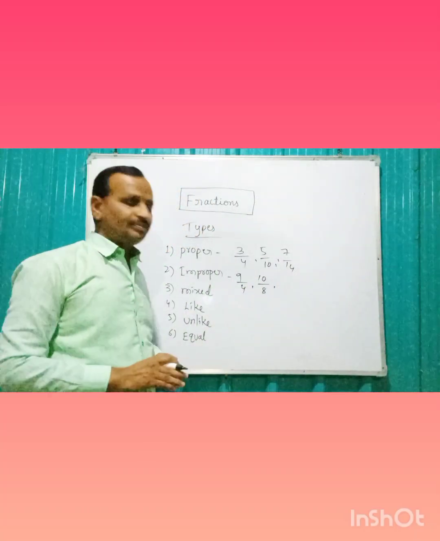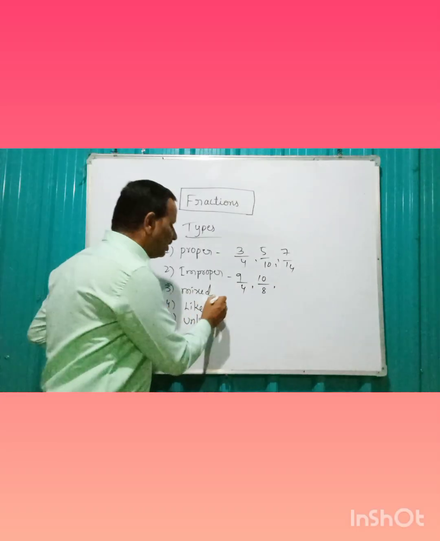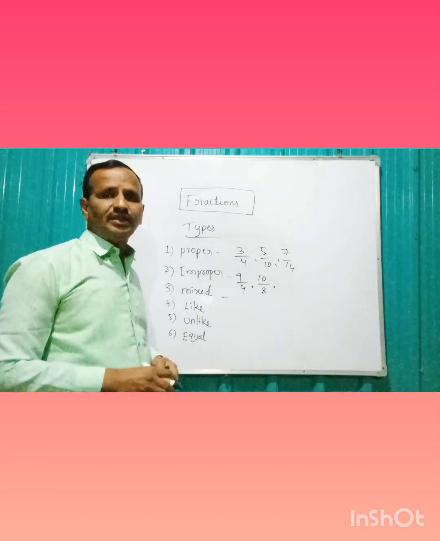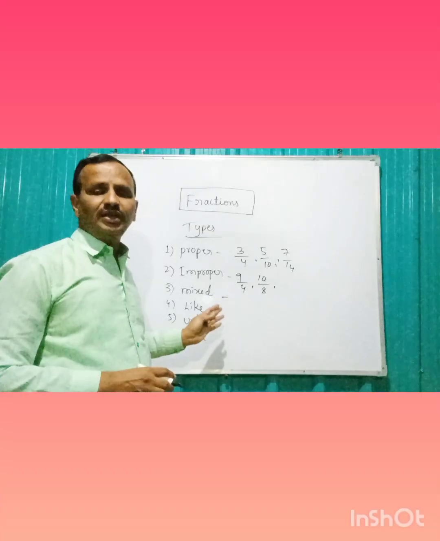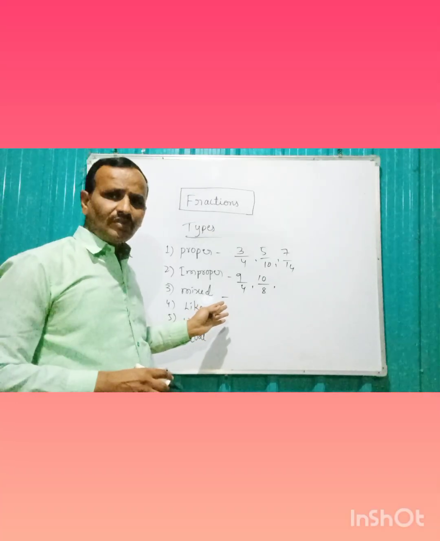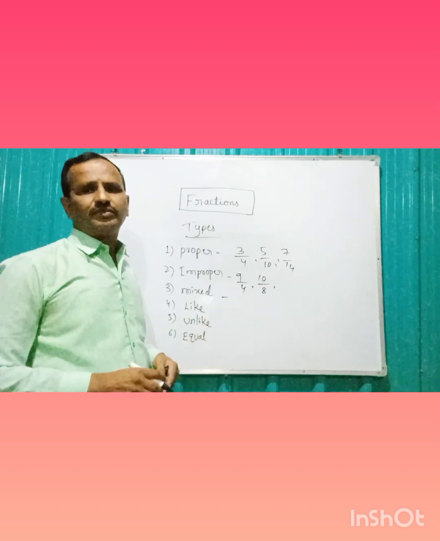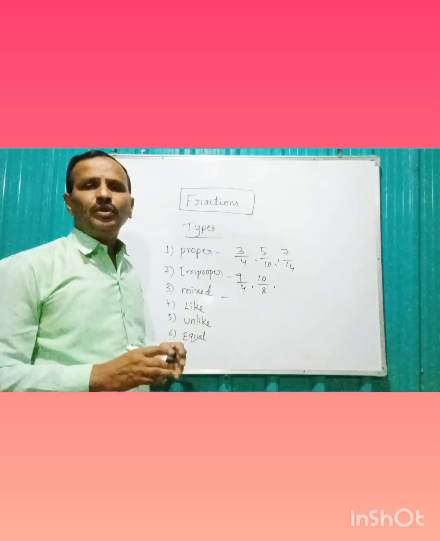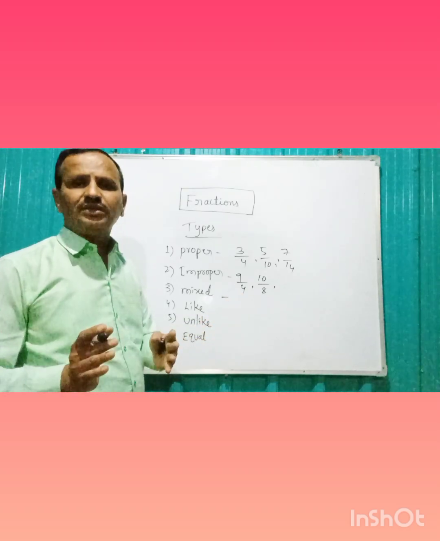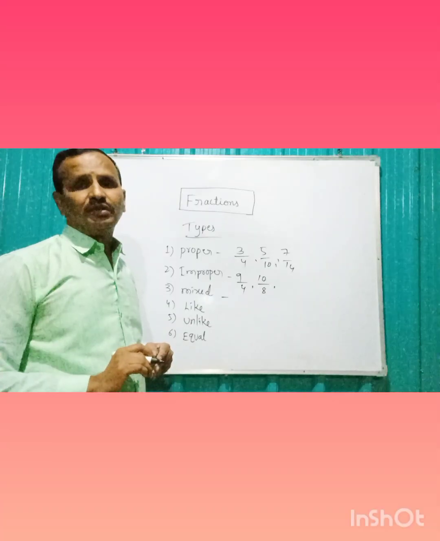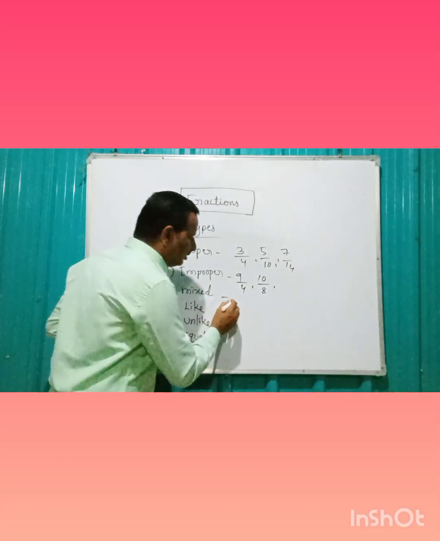I hope this is clear. So let us move to the third fraction, that is the mixed fraction. A mixed fraction is nothing but a fraction having a whole number with a proper fraction, the combination of a whole number and a proper fraction. Now I will give the example.